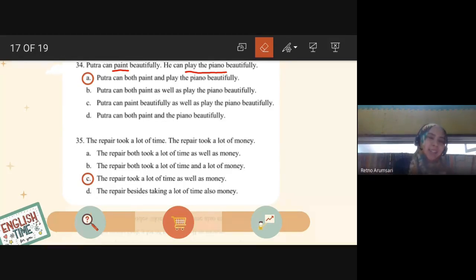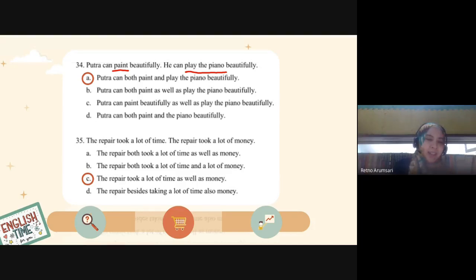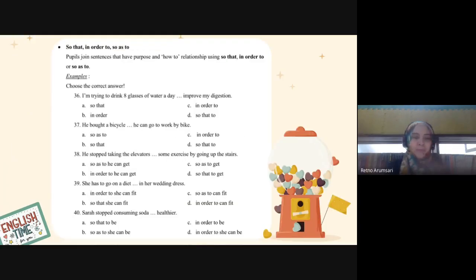Okay, that's easy, right? Now let's move on to so as to, so that, in order to. Okay, thank you, Atala. Benoman, please do number 36.